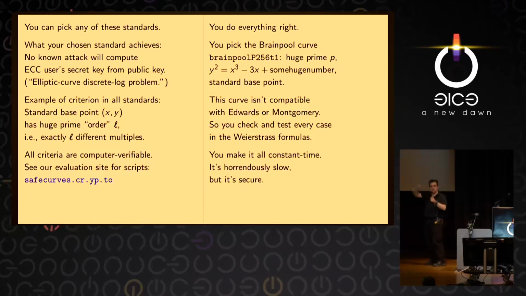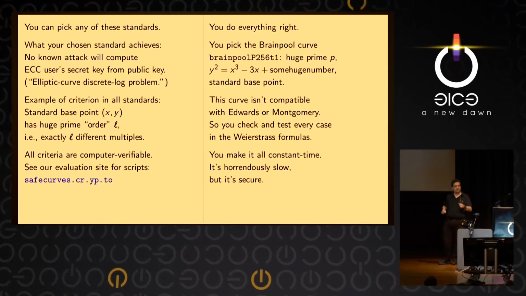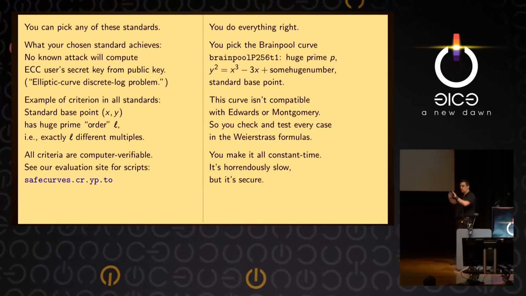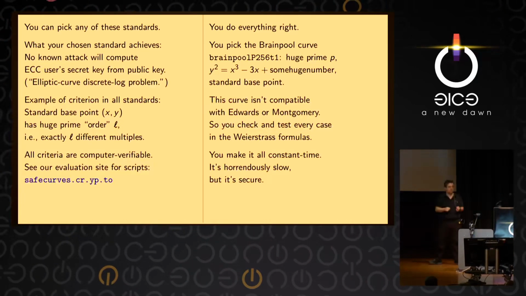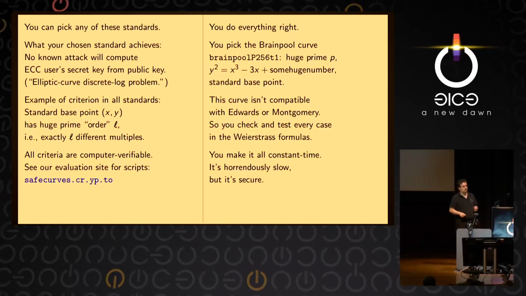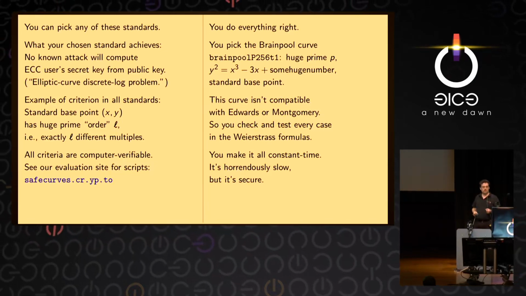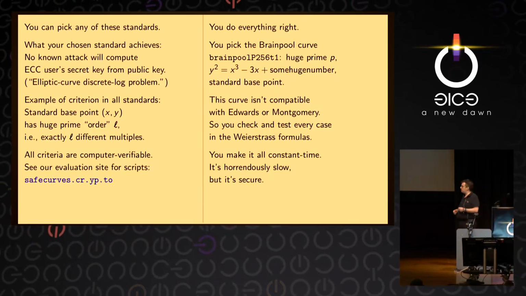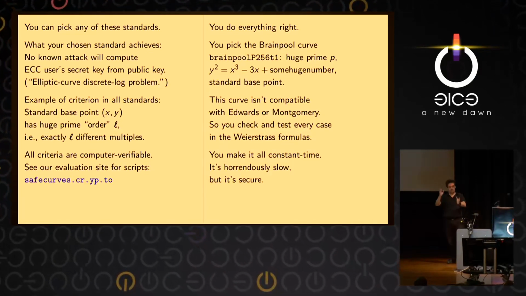If you have a curve compatible with the formulas, you standardize that curve, then every point you can add successfully, and you just forget about all the exceptions. But you need a curve that works with those formulas, and unfortunately, this curve doesn't work with Edwards and doesn't work with Montgomery. So you have to go back to that messy Weierstrass series of formulas. So you're very careful. You do exactly what the formulas say.